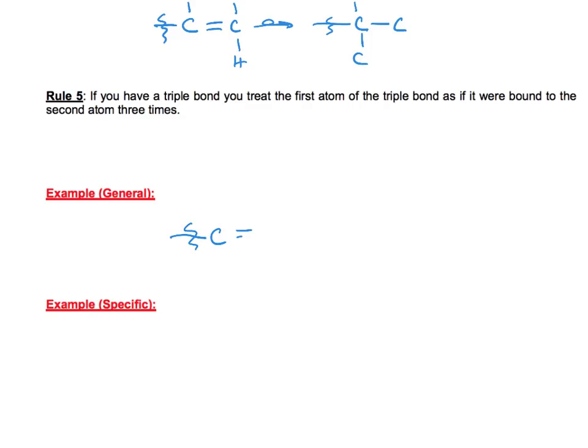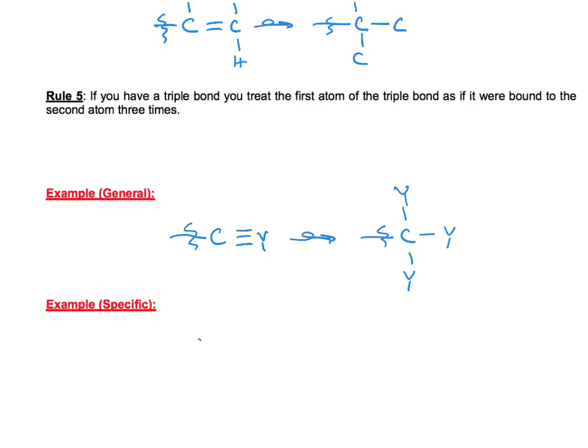Let's say it's bound to some Y atom. Really, what this is saying is the following. We're saying that this carbon is bound to Y 3 times, which makes sense because we have a triple bond. So this carbon is bound to Y once, twice, 3 times. So we'd abbreviate it this way: once, twice, 3 times.